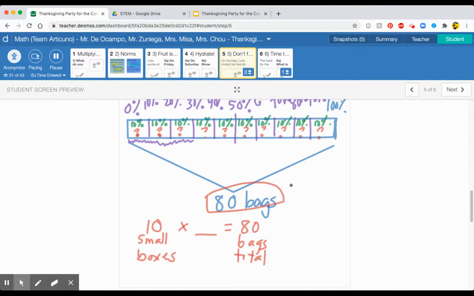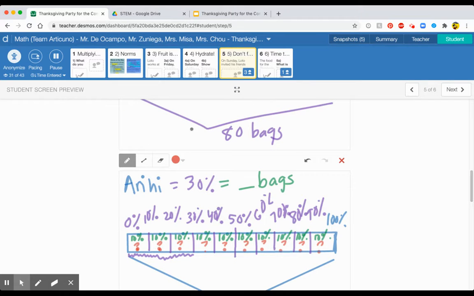So 10 times what is going to get us 80? If you can figure that out, then you can figure out what goes inside. And once you can figure out what goes inside, I bet you can figure out this part.